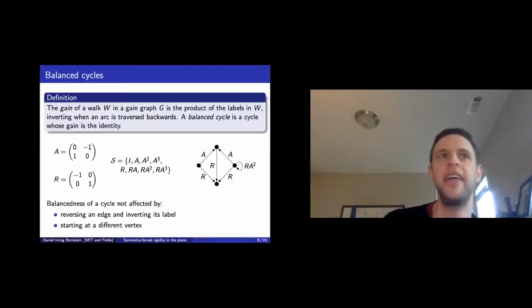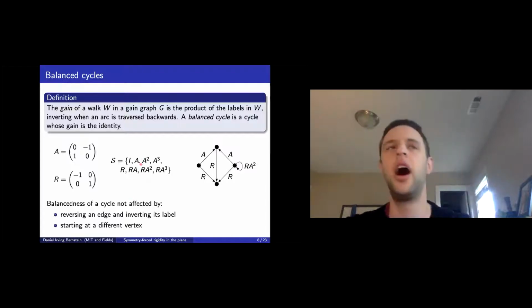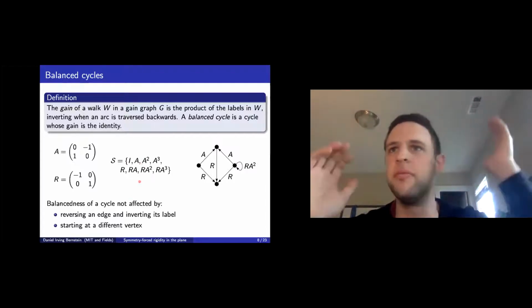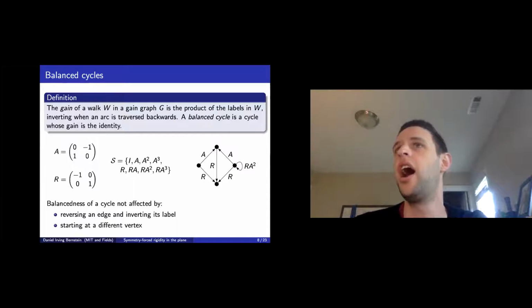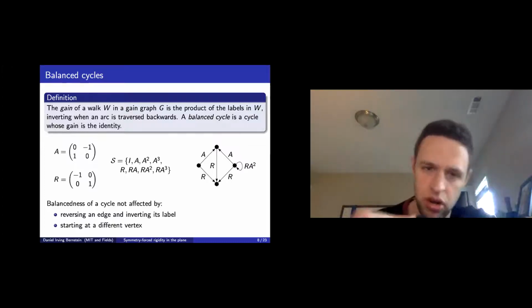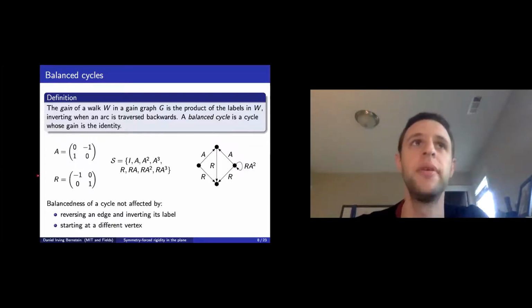So before I get to that, I just need to define a few more terms related to gain graphs, which, if you're familiar with them in the context of matroid theory, is probably a review. The gain of a walk in a gain graph is just the product of the labels in that walk, but you invert whenever you traverse an arc backwards.